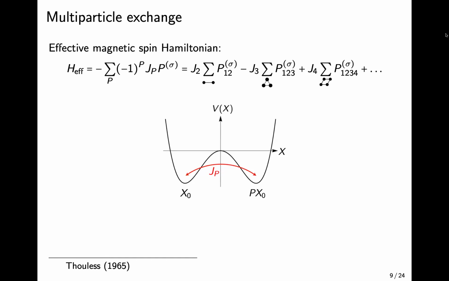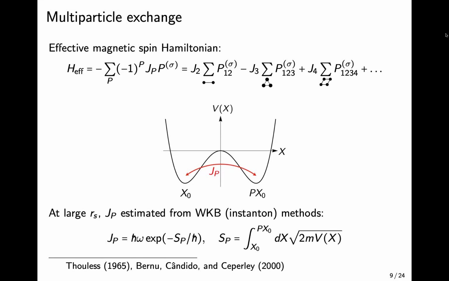And then these J's are nothing but the tunnel splittings associated with tunneling between these wells. Having recognized that what we're dealing with is a standard tunneling through a barrier problem, that immediately suggests a calculational approach, which is just semi-classics or WKB theory. So at large r_s, which remember is a semi-classical limit when h bar is in a sense small, these exchange splittings can be estimated from essentially standard WKB or instanton methods.